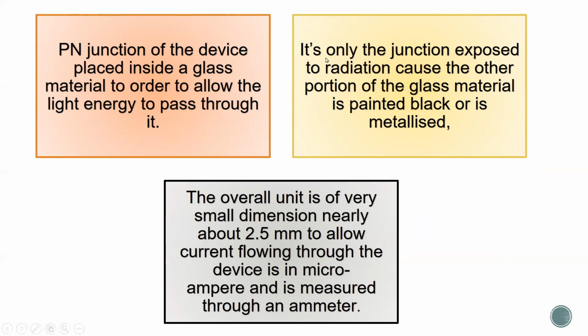Only the junction is exposed to radiation because the other portion of the glass material is painted black or is metallic. The overall unit is very small, nearly about 2.5 millimeter. The current flowing through the device is in microampere and is measured through an ammeter.